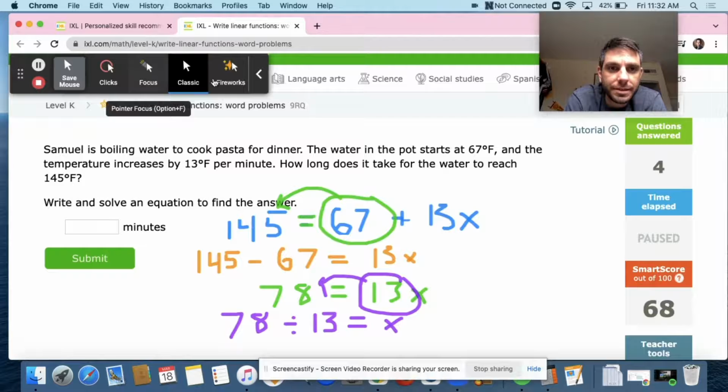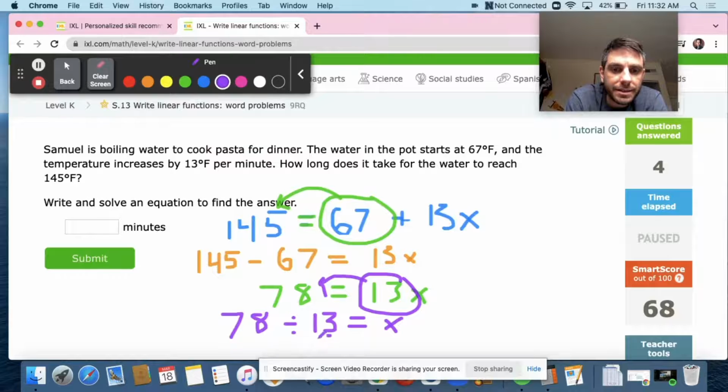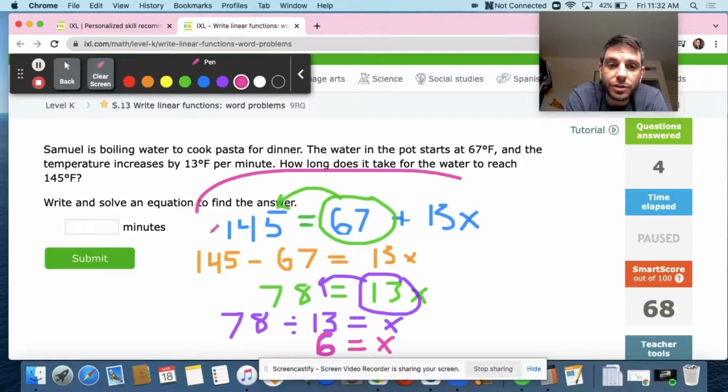So 6 is the value of x. 6 is the only number that x can be so that this original equation is true.